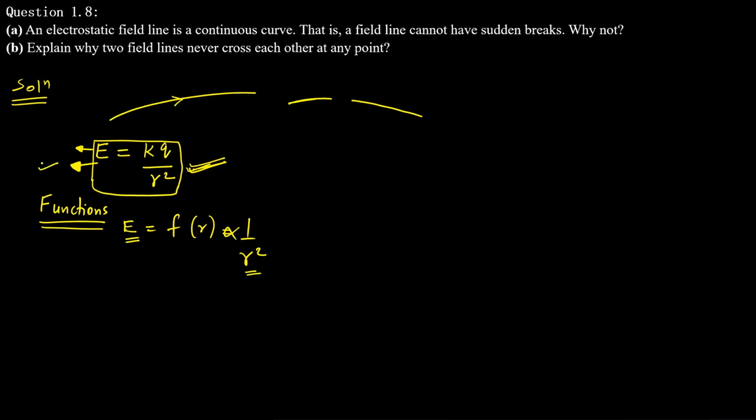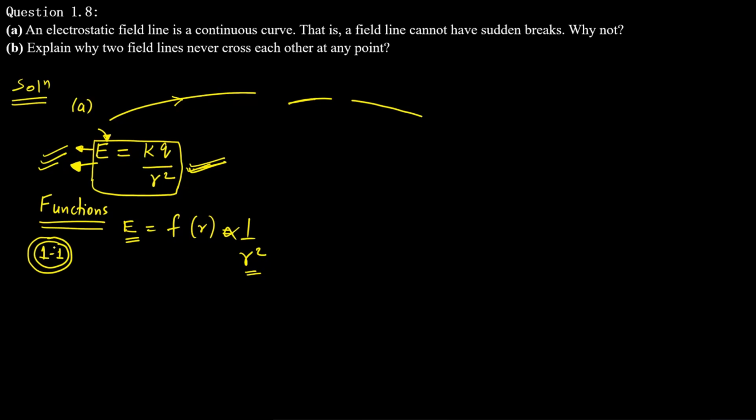Is it clear what to write? Tell me. Sir, can you repeat? First of all you say the electric field intensity is given by this equation, kq by r square, which is a one function. It means at one point it can have only one value.